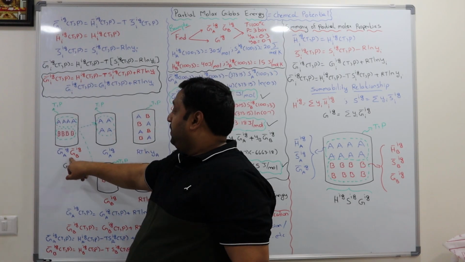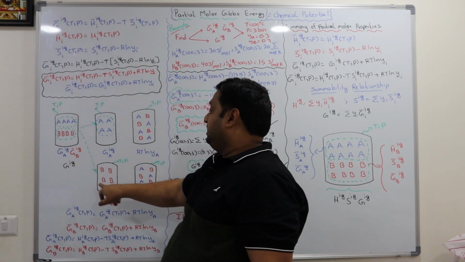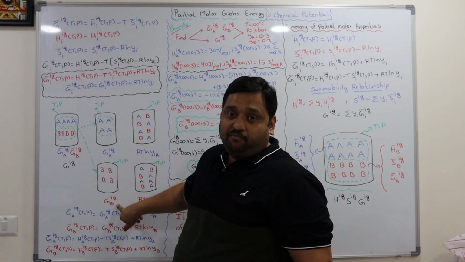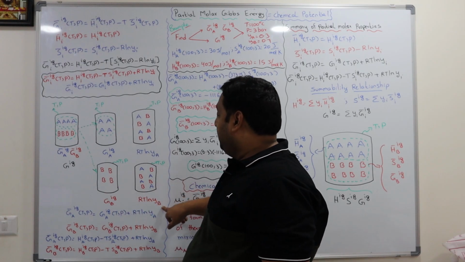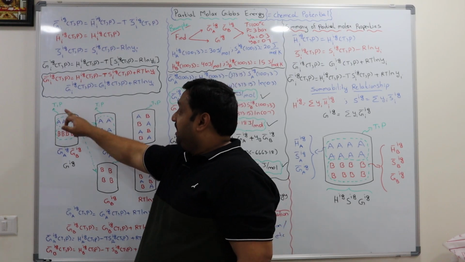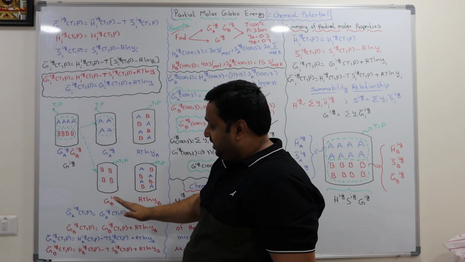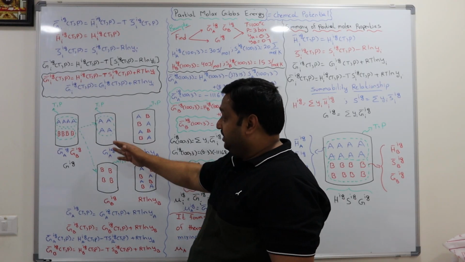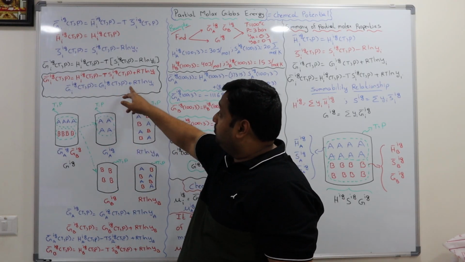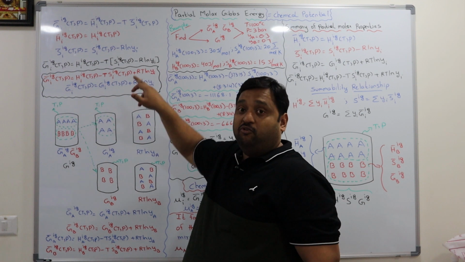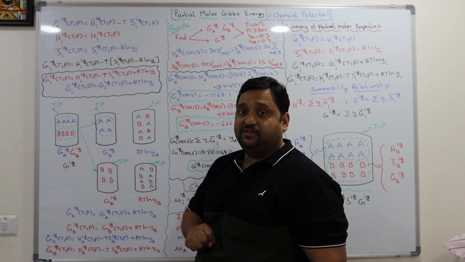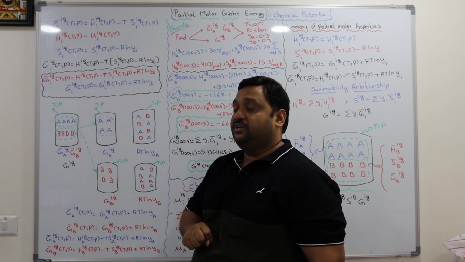Similarly, the partial molar Gibbs energy of B is the pure Gibbs energy of B plus RT ln yB. yA and yB are the fractions of A and B in the mixture. So I have rewritten the formulas this way for the binary mixture. Either formula can be used to find the partial molar Gibbs energy of A and B in the mixture.